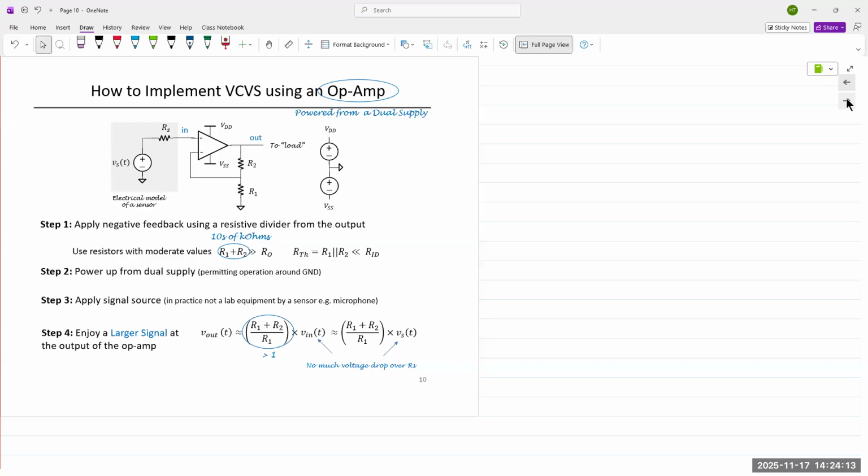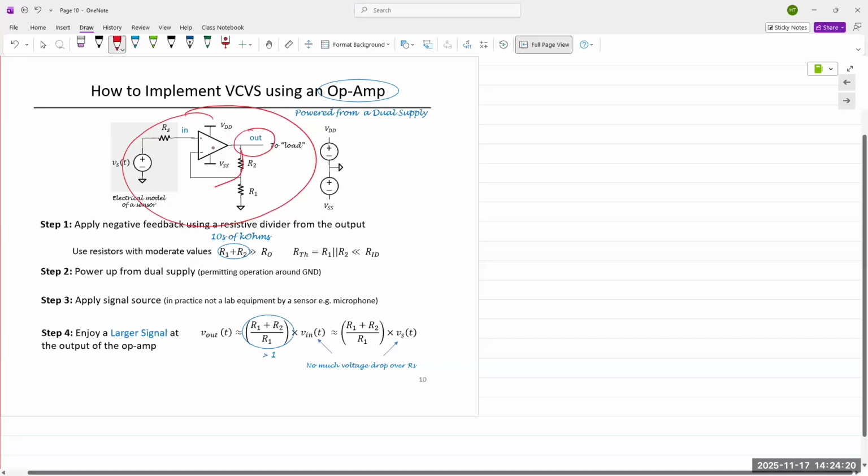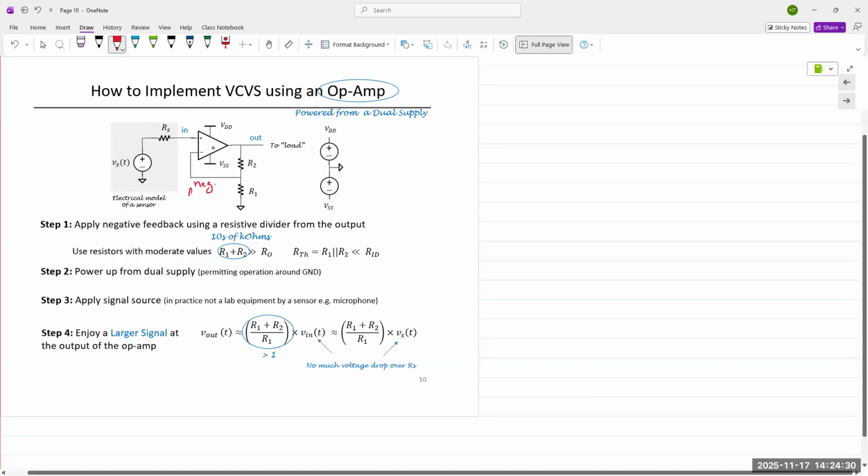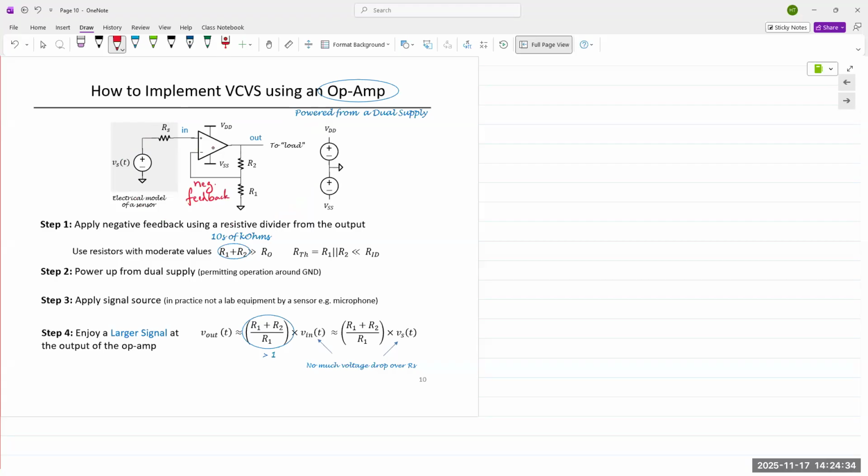So in this configuration, you can see that we have an output that is fed back into the input. This is an example of negative feedback, which, by the way, is a very common configuration for an op-amp circuit.